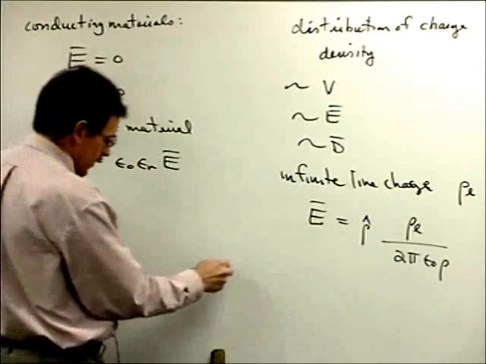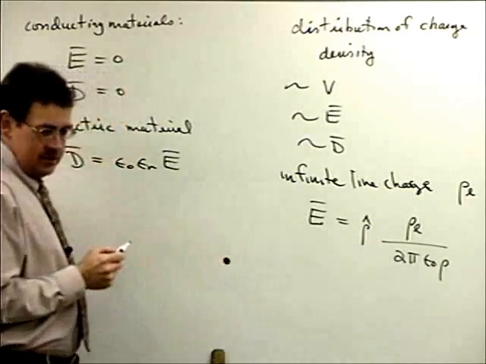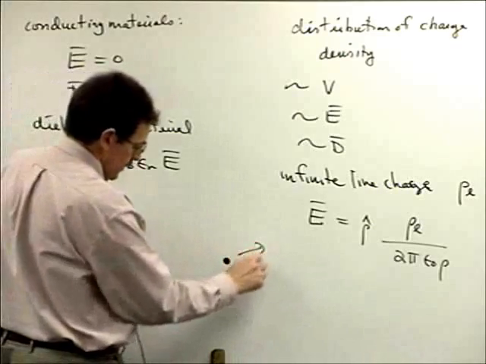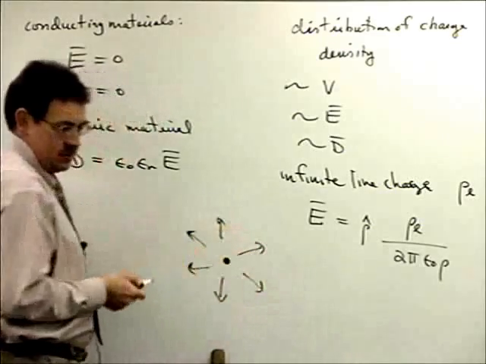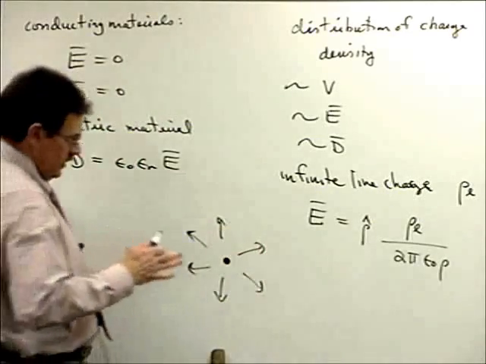So you could look down on the line charge, and you'd look at this electric field. It would be pointing out away from that charge, sort of symmetrically distributed, and it would decay as you go away from it.